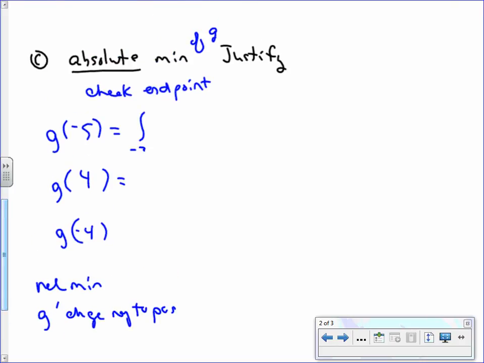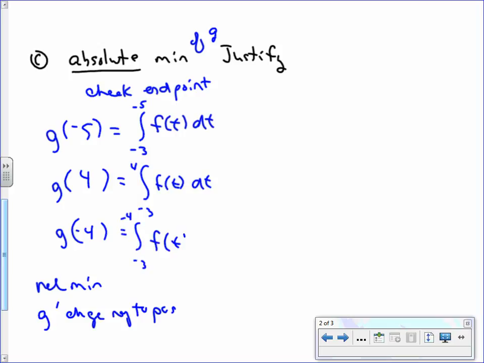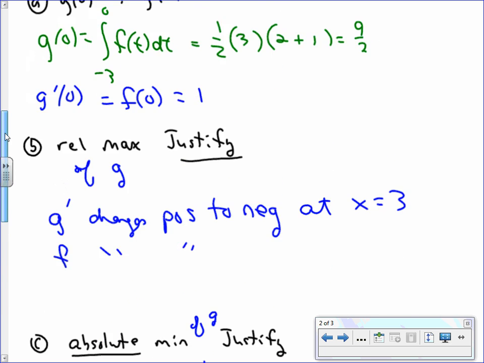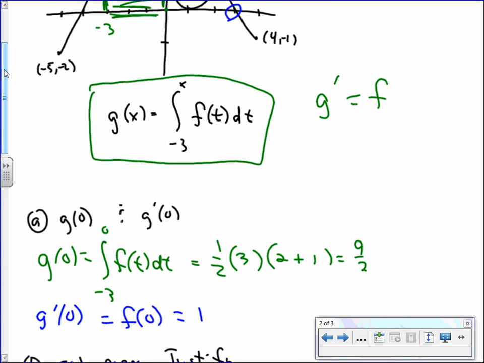It's the integral from -3 to whatever of F. The definition of the function is from -3 to whatever you plug in for x, okay?